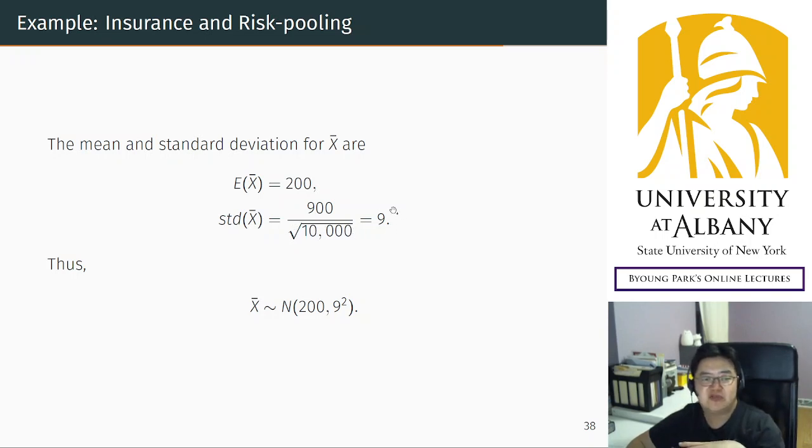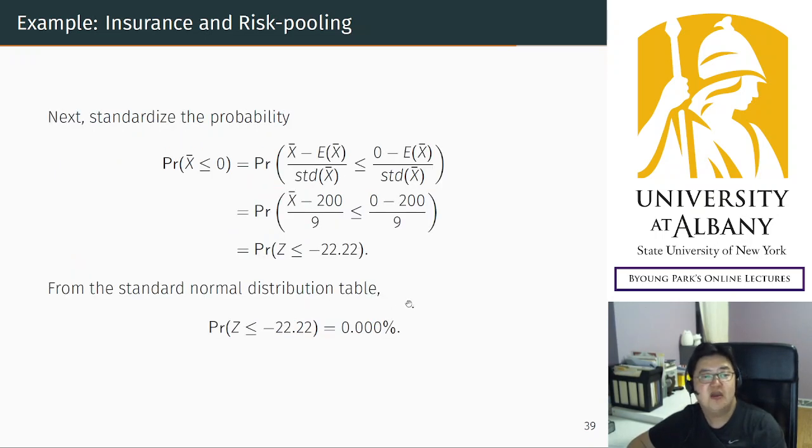So the resulting standard deviation for the sampling distribution is 9, which implies the parameters for the normal distribution, the sampling distribution, are 209 and 9 squared, so the variance. Then using those two numbers, standardize x bar into a standard normal distribution.